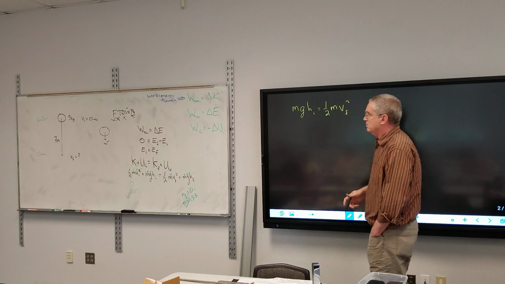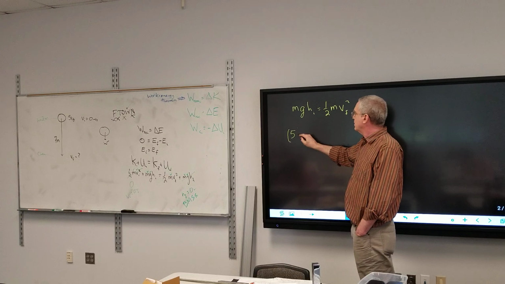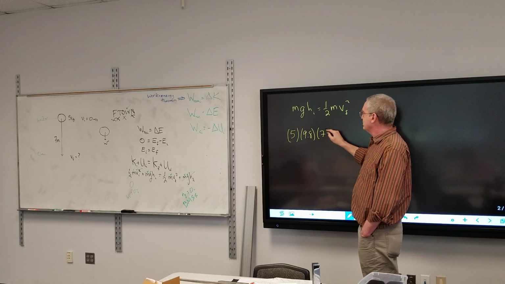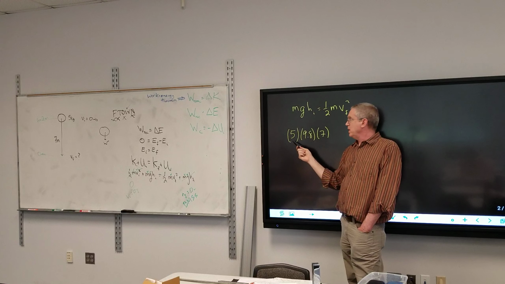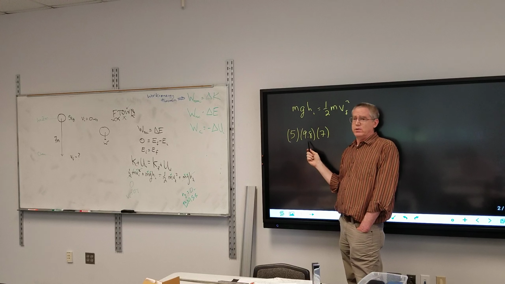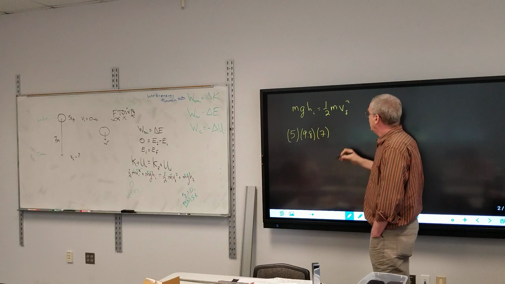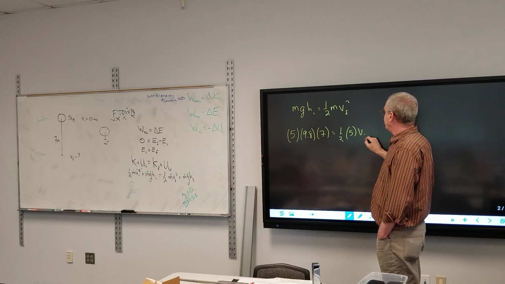I think why don't we stick numbers in at this point. So that's 5 times 9.8 times 7. 5 because that was the problem, 5 kilograms, 9.8 because we're putting this on Earth, 7 because McKenna said so, is equal to 1/2 times 5 times that final speed squared.